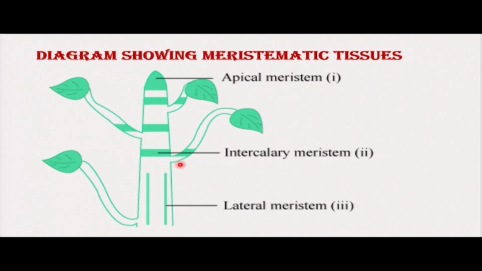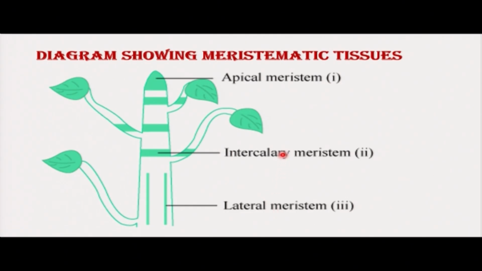Then this is a diagram to show different meristematic tissues. We have what we call apical meristem. This one is common between the tip of the shoot and the tip of the roots. Then we have intercalary meristem. Then we have lateral meristem.